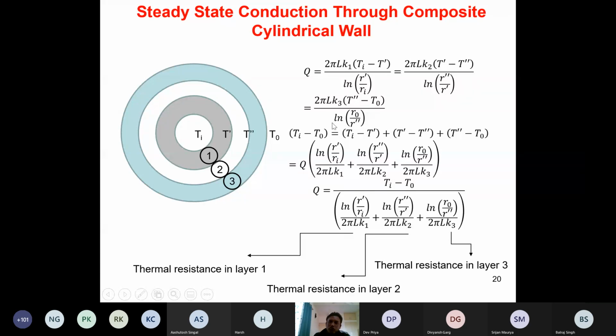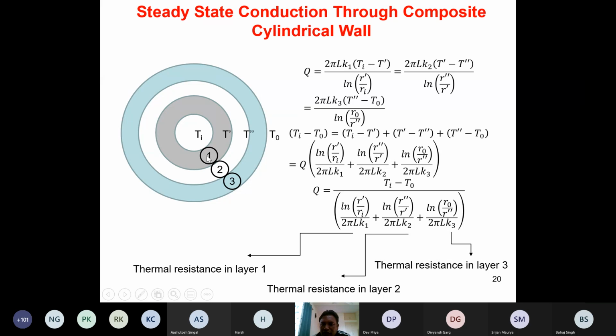Okay. So if we calculate the temperature difference for each of the slabs and add these, what we are going to get is Ti minus T naught. And if we rearrange this entire thing, we get Q as Ti minus T naught, that is the overall temperature difference, divided by the individual resistances.